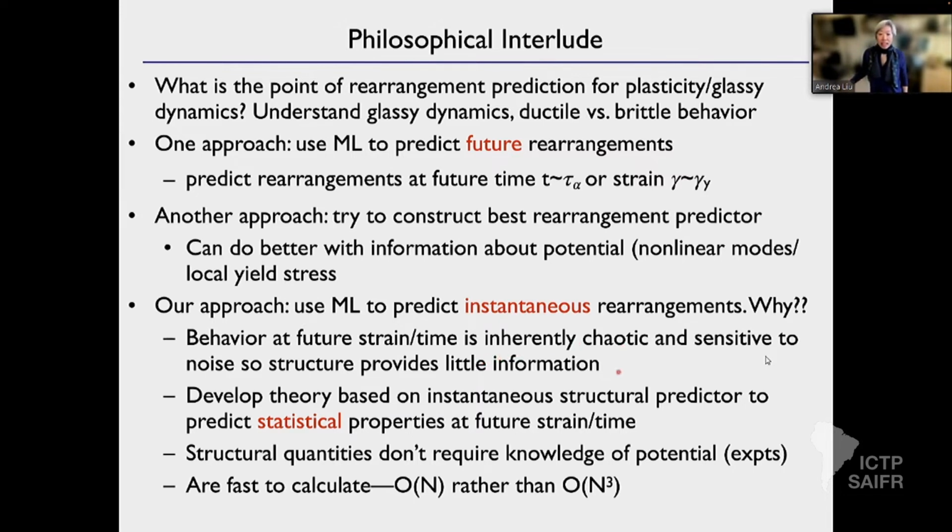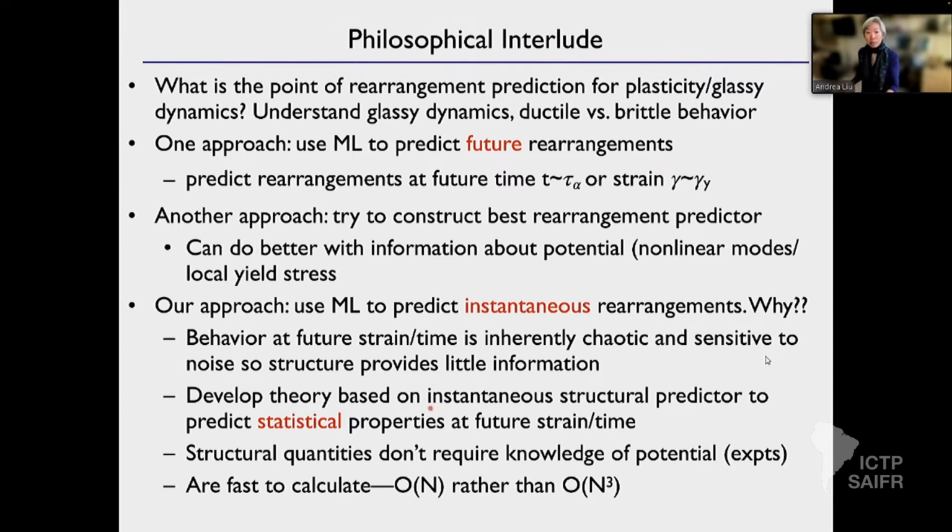So that's why our approach has been to develop a theory based on this instantaneous predictor. And why do I say it's structural? Because we're trying to understand defects, and defects are properties of the structure. So the question is, can you look at the structure and predict something about the dynamics?